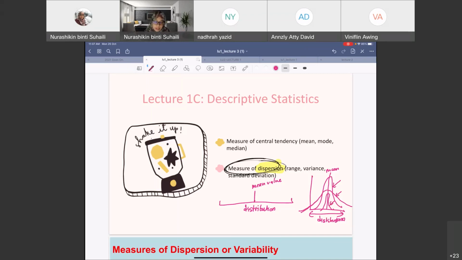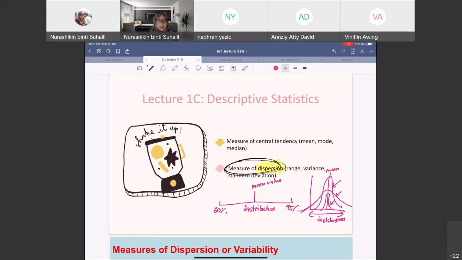Okay. Let's say we talk about range. Range is the easiest. When you talk about the whole distribution of marks, for example, statistics marks in group 3, let's say I found out that you guys score between 60% to 95%.